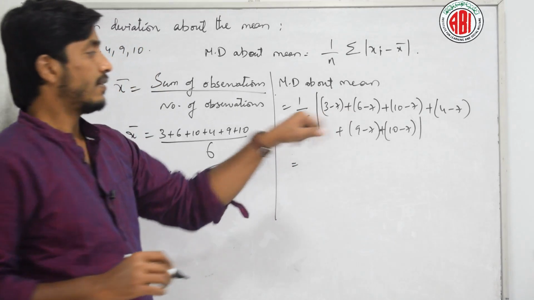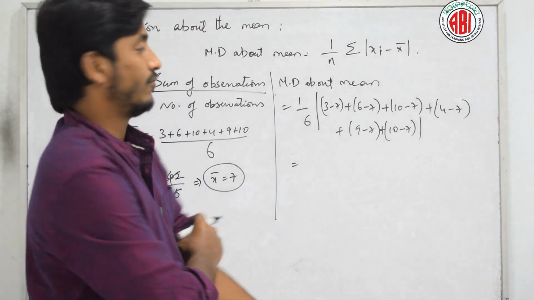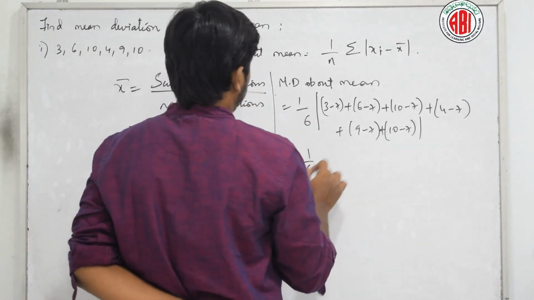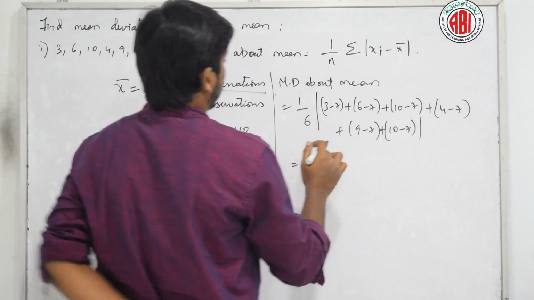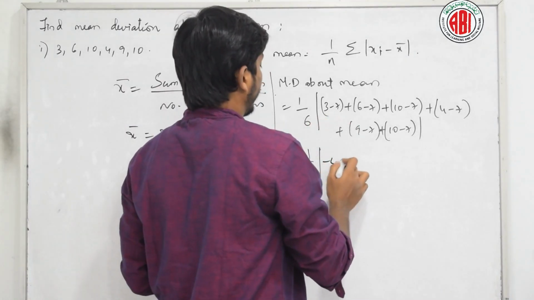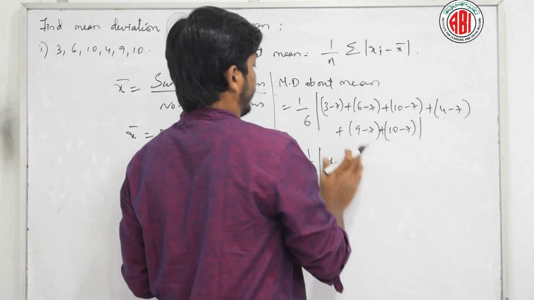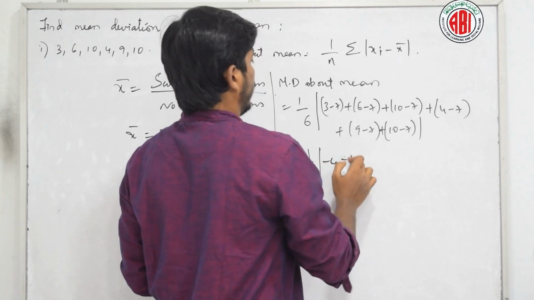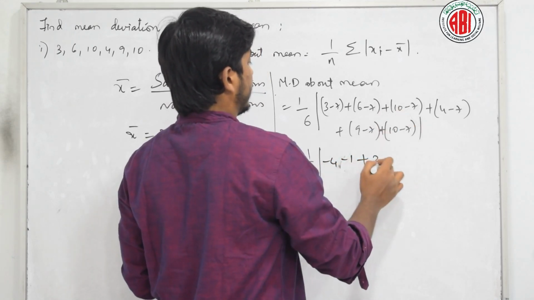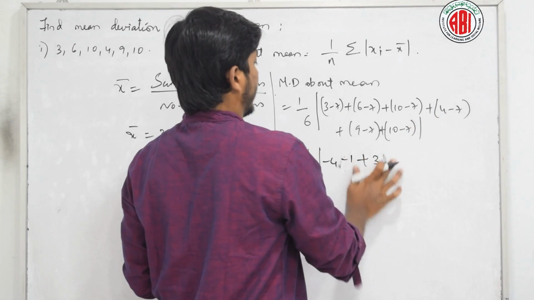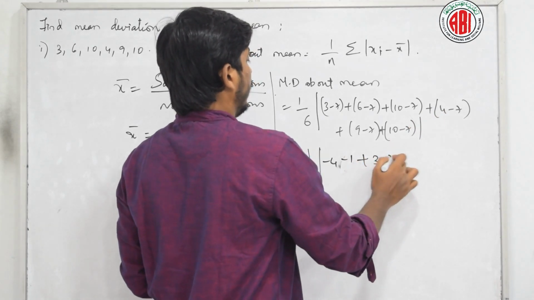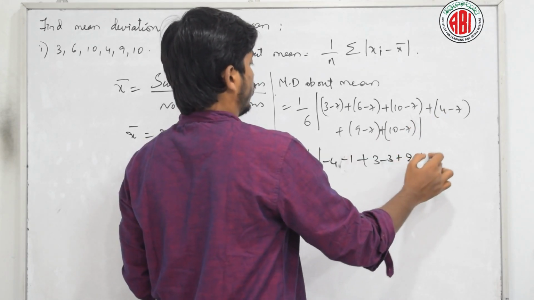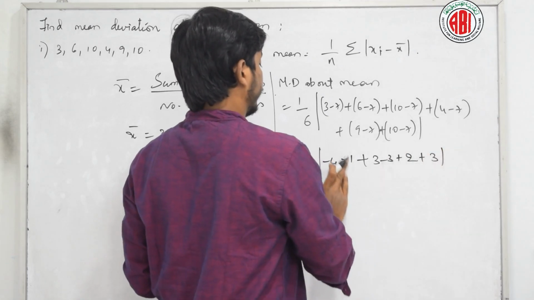Fine. So let us add everything now. What do we get? 1 by 6 into 3 minus 7 is minus 4, plus 6 minus 7 is minus 1. And here 10 minus 7 is 3, 4 minus 7 is minus 3, 9 minus 7 is 2, 10 minus 7 is 3.